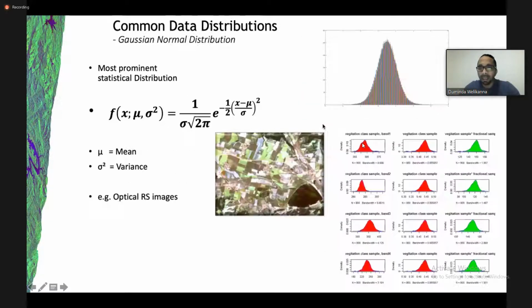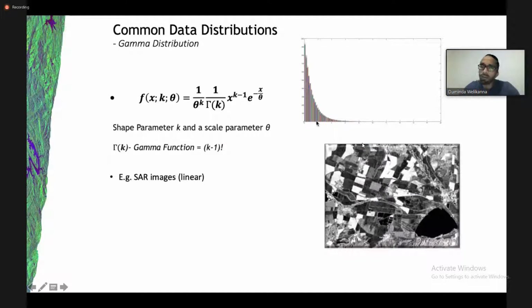Basically, in optical images, you will see mean value and the standard deviation on both sides. But in radar images, you won't see mean values and standard deviation. There is a value that is occurring very highly, and then it's exponentially decaying because this gamma distribution is a negative exponential distribution, right? So you will see a distribution like this.